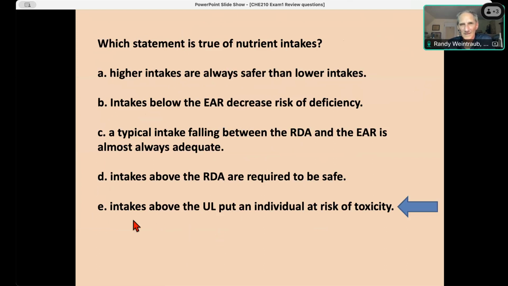But one that is true is that intakes above the upper limit put an individual at risk of toxicity. Sometimes you have to be strategic in how you answer a multiple choice question. Some answers could be close, but there should be one that really stands out as the correct answer.